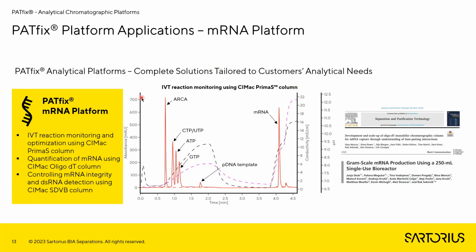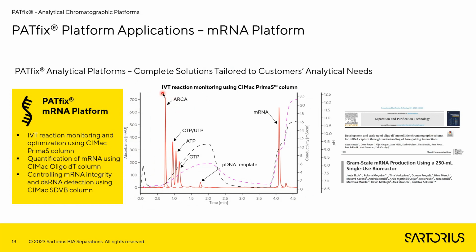Here I have one example of an IVT reaction sample. So we took an aliquot of the IVT reaction mixture, and we put it on our PATfix mRNA platform, and you can see that we can quite nicely separate all the components present in the IVT reaction mixture. For example, at the beginning of the chromatogram, capping reagents are eluted.